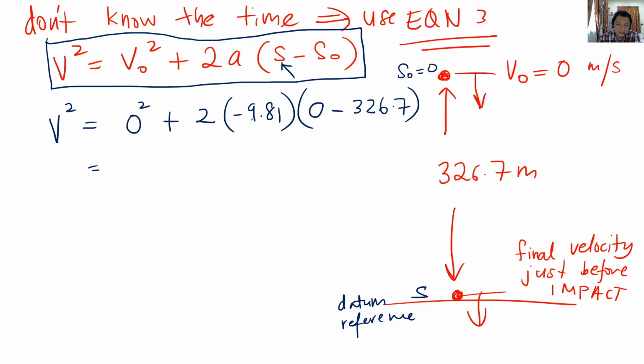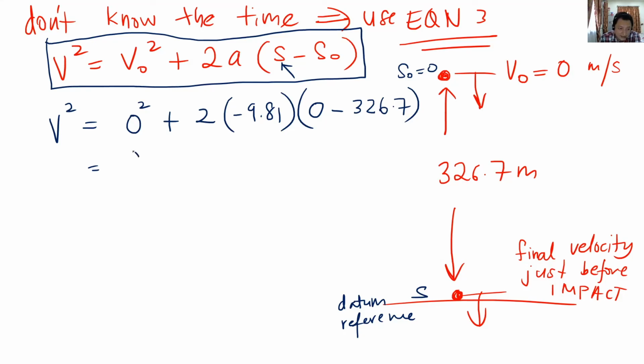Ini jadi berapa? 2 kali 9.81, it becomes a positive lah. 2 kali 9.81 kali 326.7, square root.